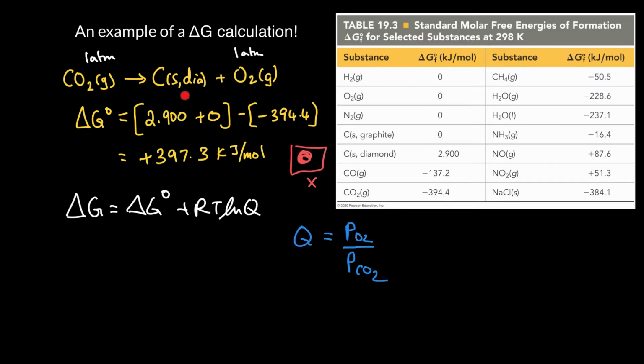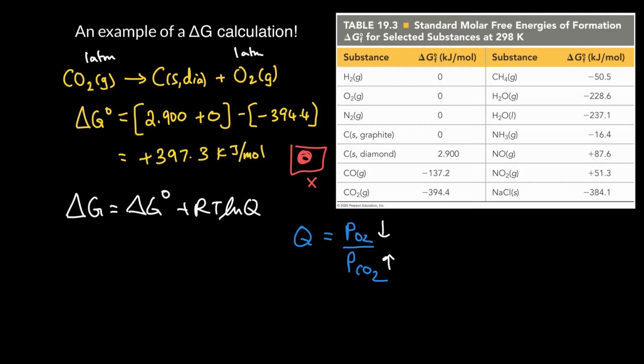Notice that solids have an effective concentration or pressure of 1. For O2, there's just one of them, so we don't square it or cube it, same with CO2. So that's products over reactants. To get Q as small as possible, we probably need to get the pressure of oxygen really low and maybe the pressure of carbon dioxide really high. So we can build a business plan.